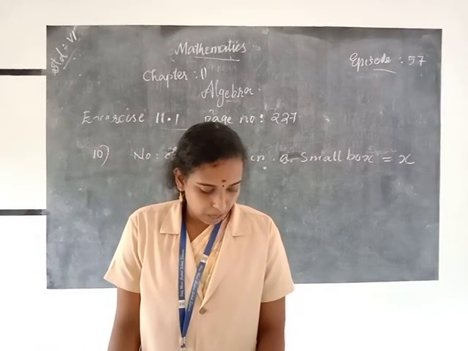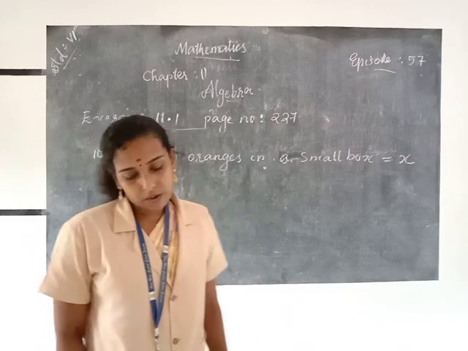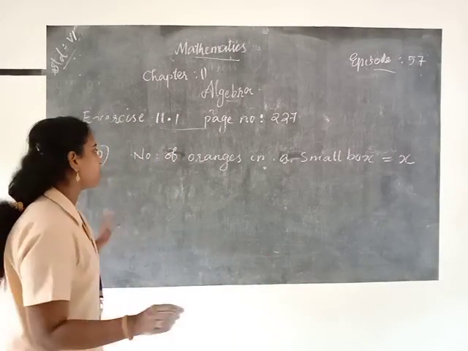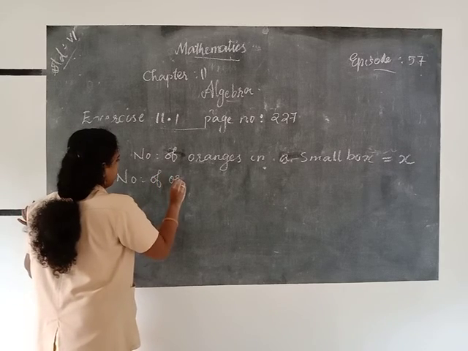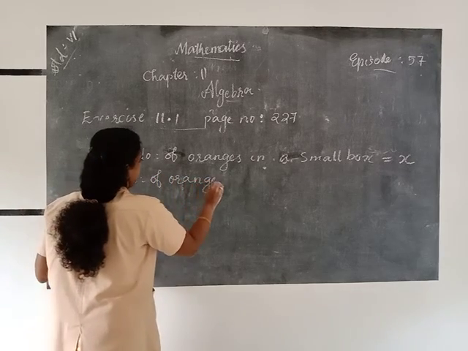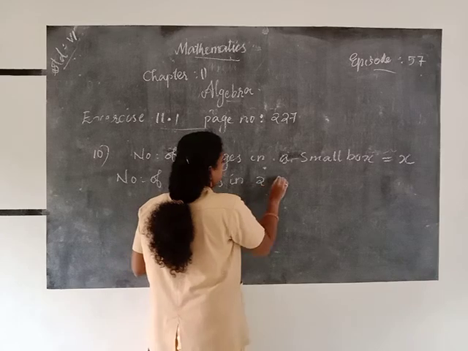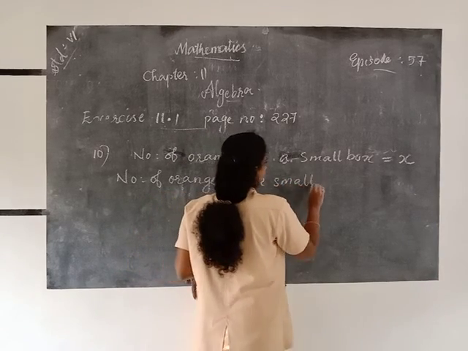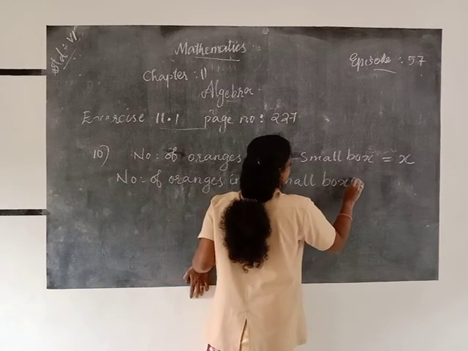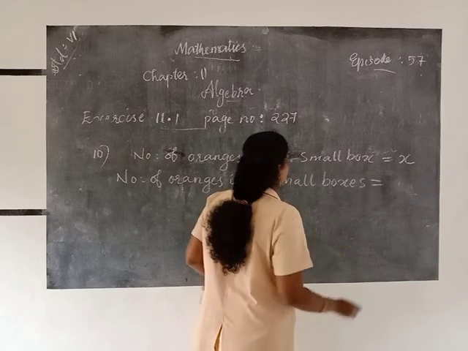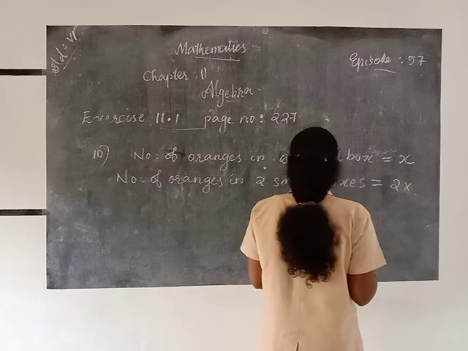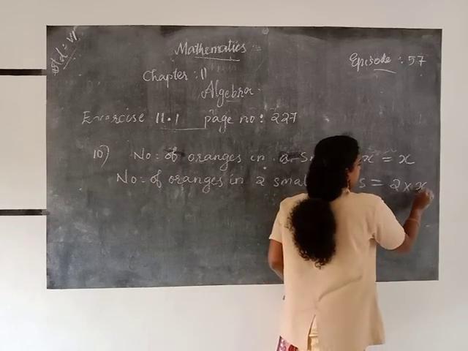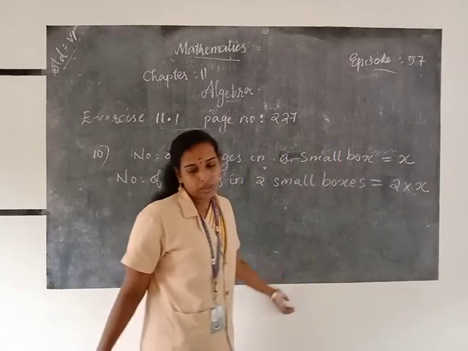So the number of oranges in two small boxes is 2 into the number of oranges in one small box, that is 2X.